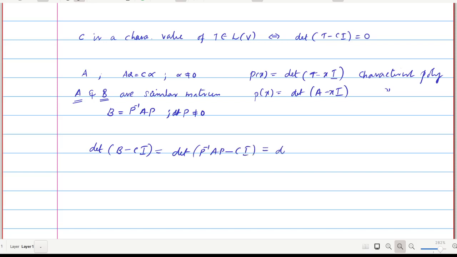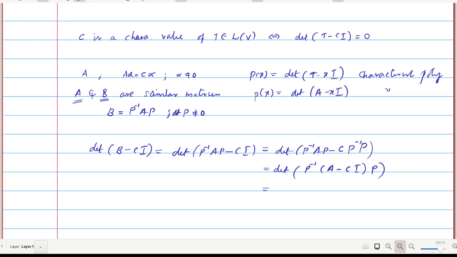Consequently, you can rewrite this as determinant of P inverse AP minus c times P inverse P, because I can be replaced by P inverse P. This can be written as determinant of P inverse times A minus cI times P, taking P inverse out from the left and P out from the right.